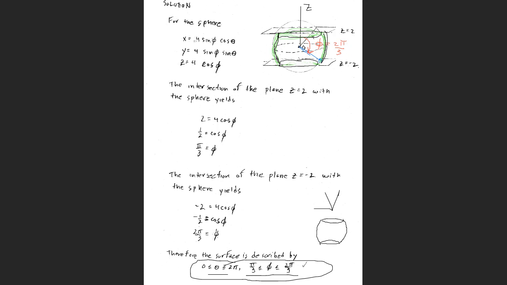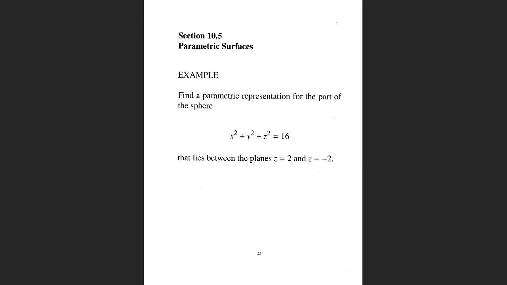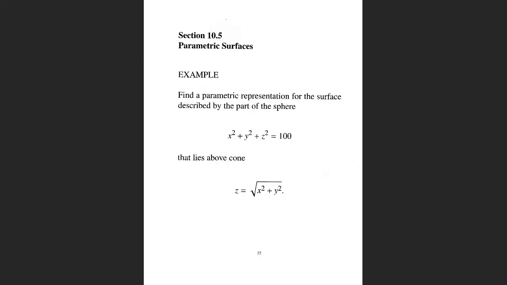Well, then let me go back. Let's look at this problem here. All right, let me give you a moment to copy this example down. Incidentally, a lot of these type problems in WebAssign are multiple choice or have multiple choice portions.